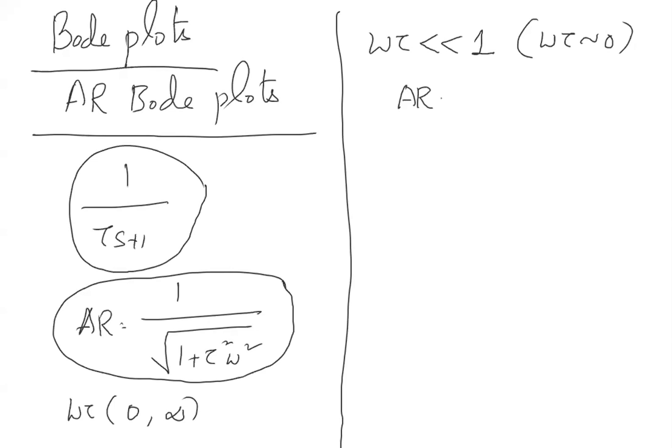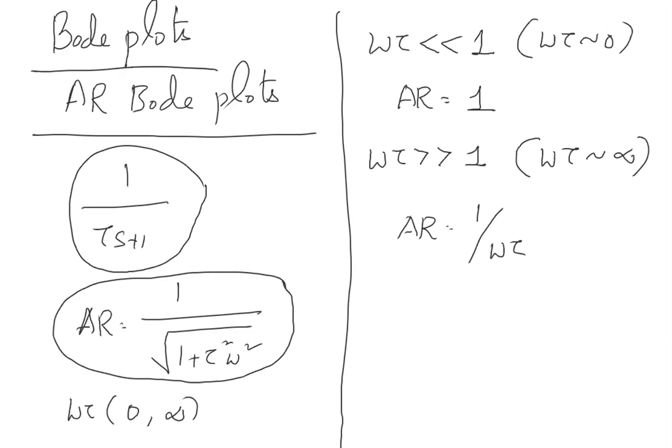Your amplitude ratio is equal to 1. When omega tau is greater than 1, that means omega tau is almost equal to infinity, then what happens to your amplitude ratio? 1 by omega tau. So you have amplitude ratio equal to 1 and amplitude ratio equal to 1 by omega tau. So these are the 2 points.